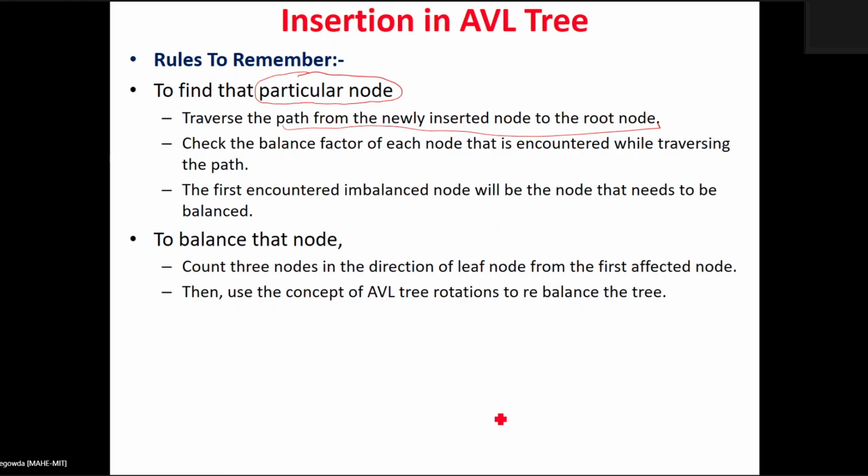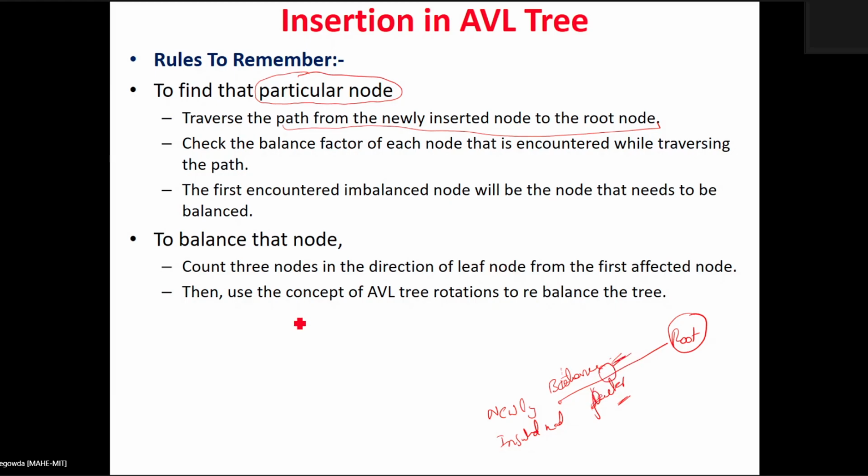So starting from the newly inserted node, you traverse towards the root node, and at the same time you calculate the balance factor. If the tree is imbalanced, whichever node is encountered imbalanced first, that particular node needs to be balanced.